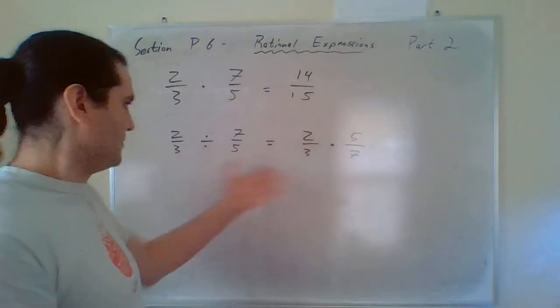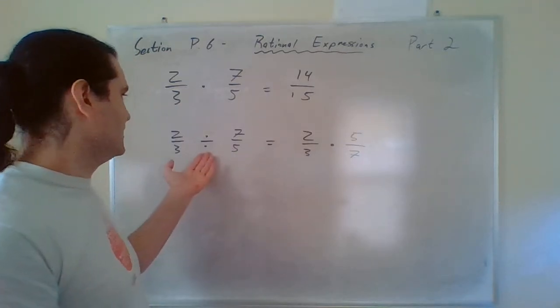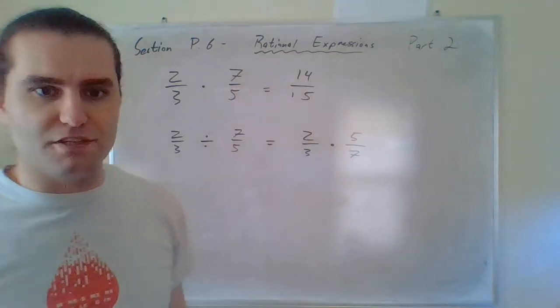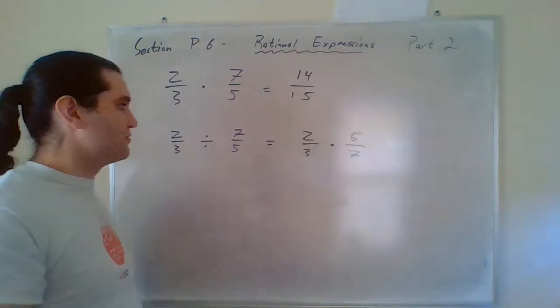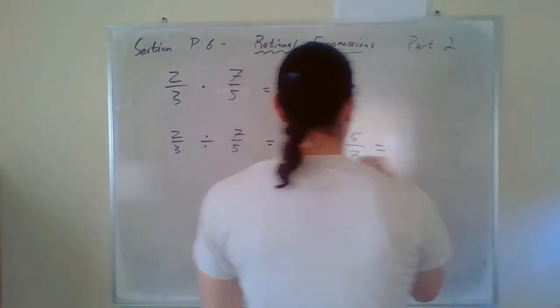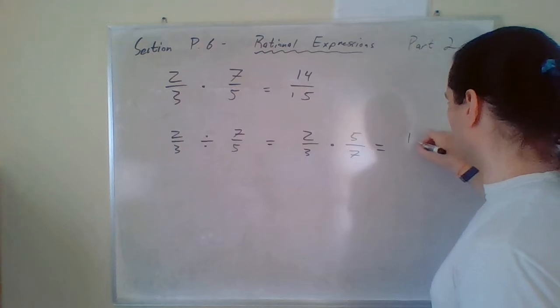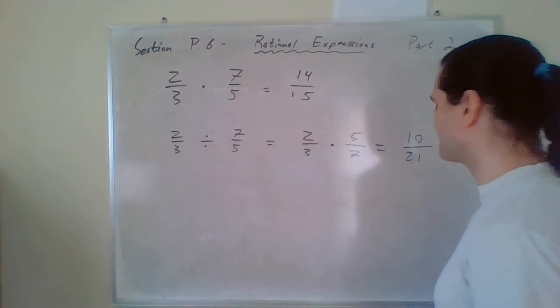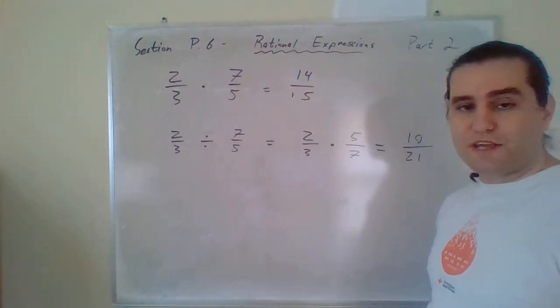When I was taught about all of this, it was just you multiply by the reciprocal. Those are the words that they used to teach us. So whatever you want to do to remember how to do this, the process is still the same. And then once you're in multiplication, it's back to easy mode, and you just multiply straight across. 2 times 5 is 10, 3 times 7 is 21. That's the super basic version.